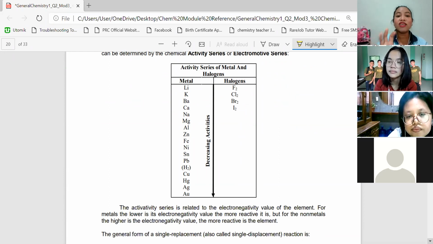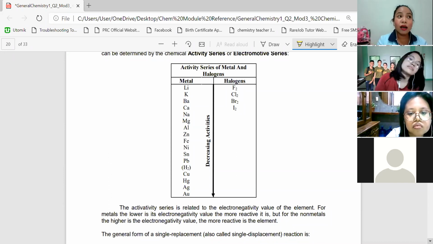Pero Ana, dili ni siya applicable kung ang nasa imong compound nga iyaha dapat ilisan kay oxy anion or polyatomic anion or polyatomic cation. Applicable lang ni siya for metal and non-metal.